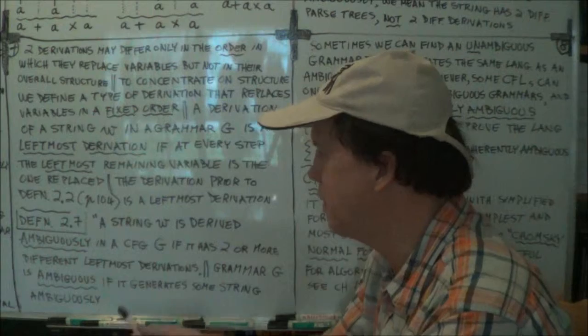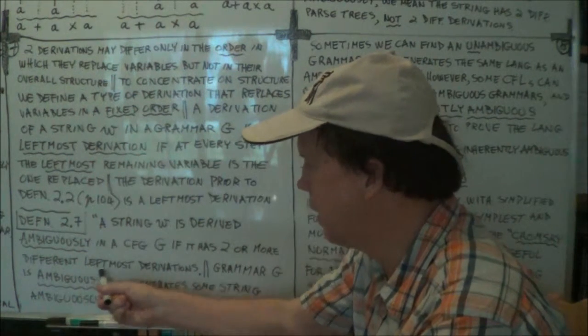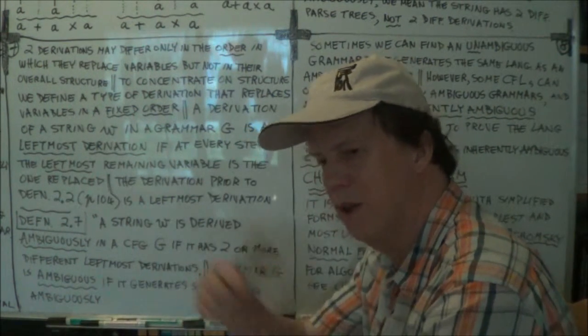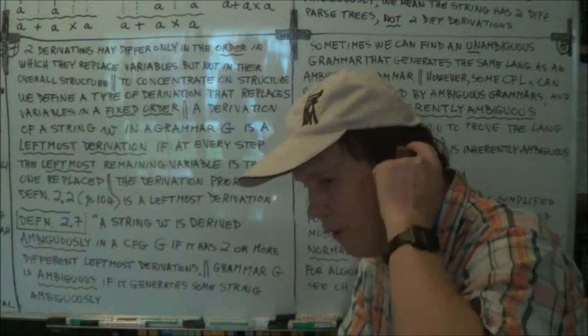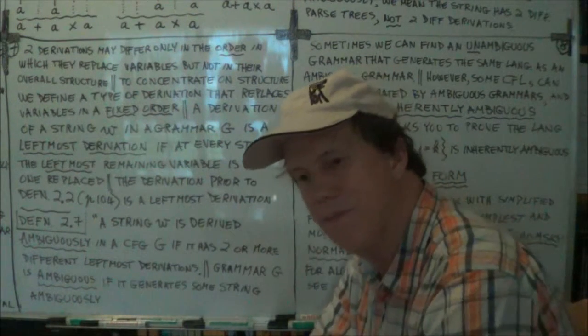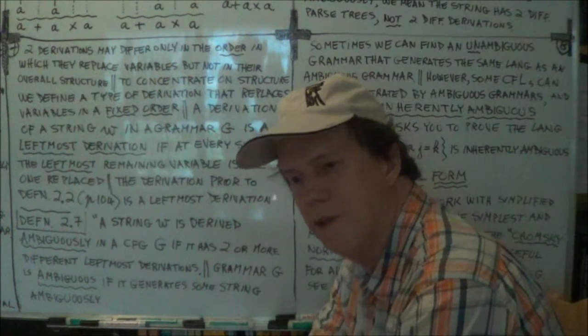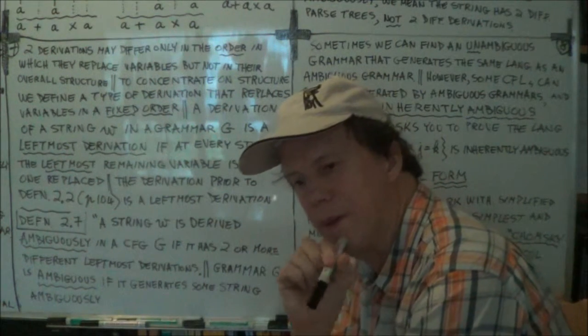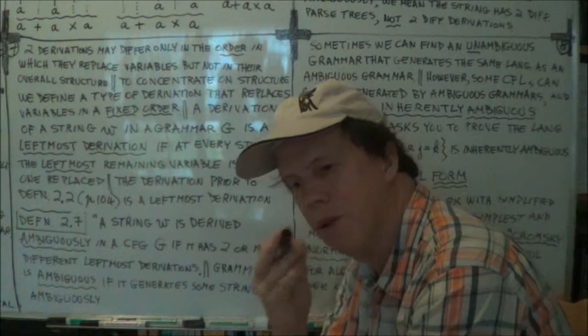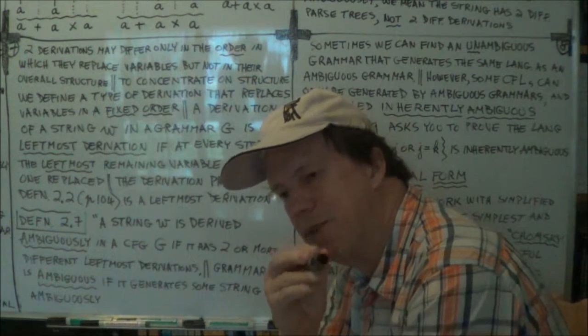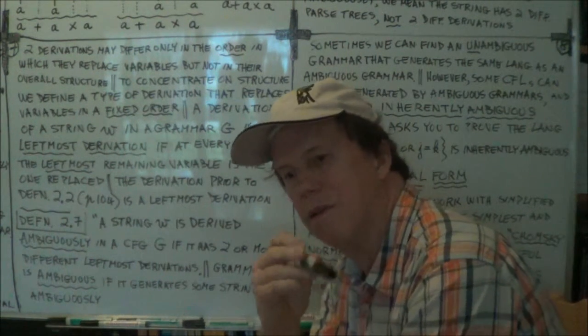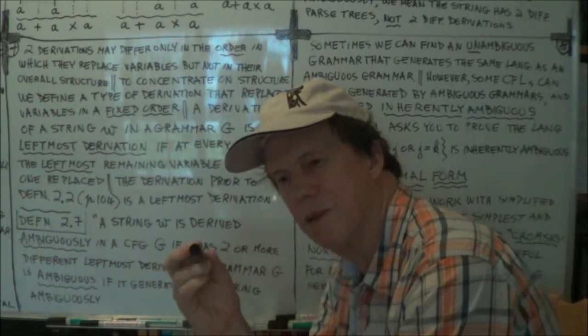By using leftmost derivations, you get rid of the problem that you might have the same parse tree but a different order of deriving the string, like you might be substituting expr for A, the right-hand example first, or the left.